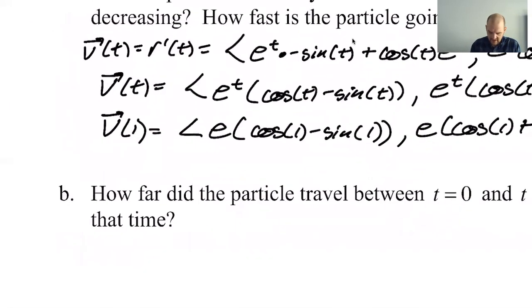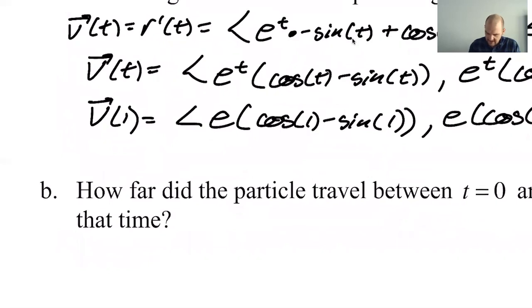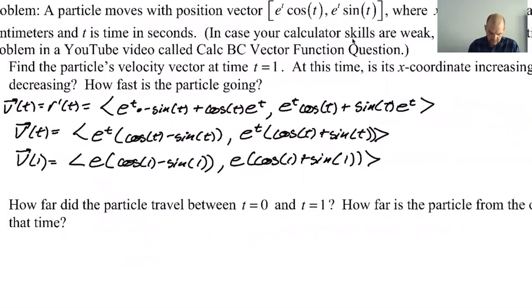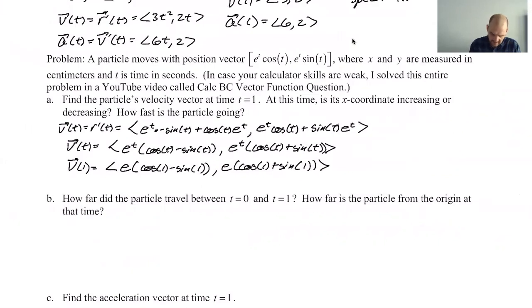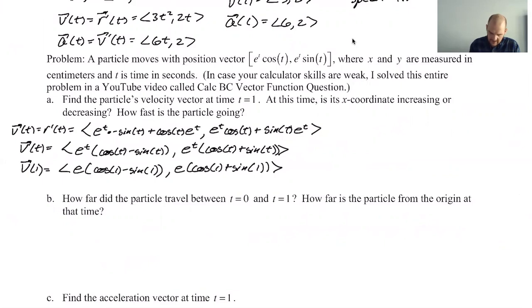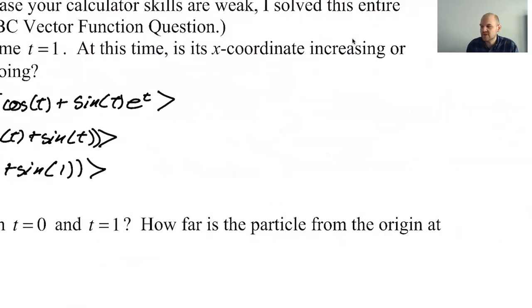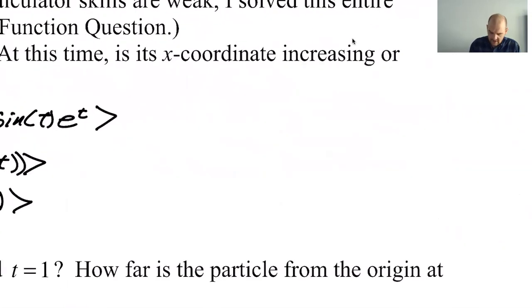So I need to figure out if e times cosine of 1 minus sine of 1 is greater than or less than 0. I'm going to move this stuff to the side so I have a little more room. What I really need to do is figure out if cosine of 1 is bigger than sine of 1. And I think we can do that graphically.